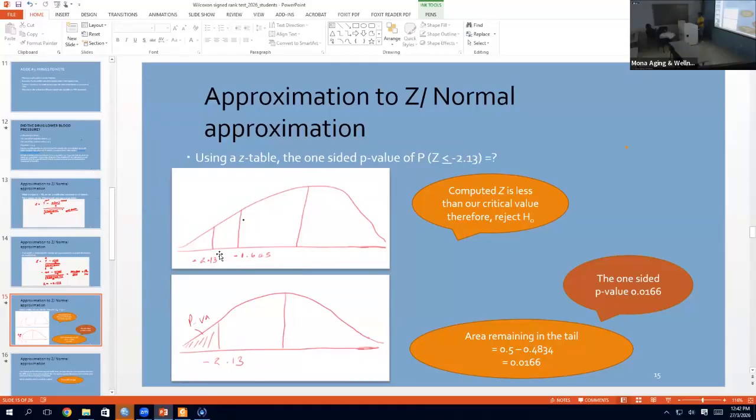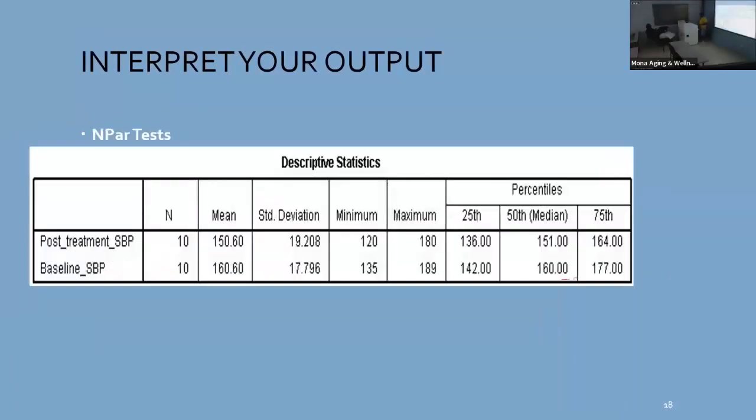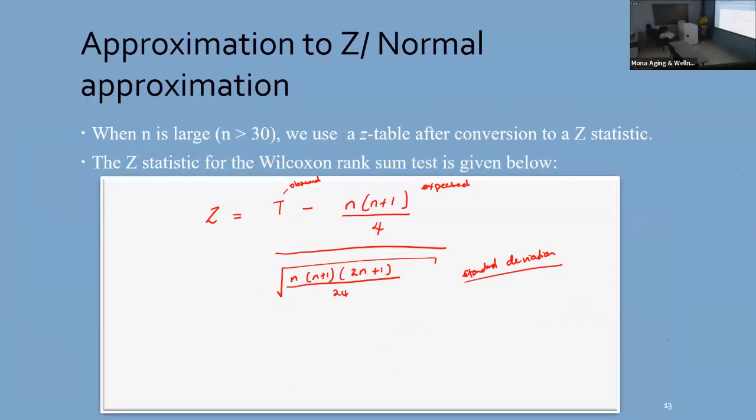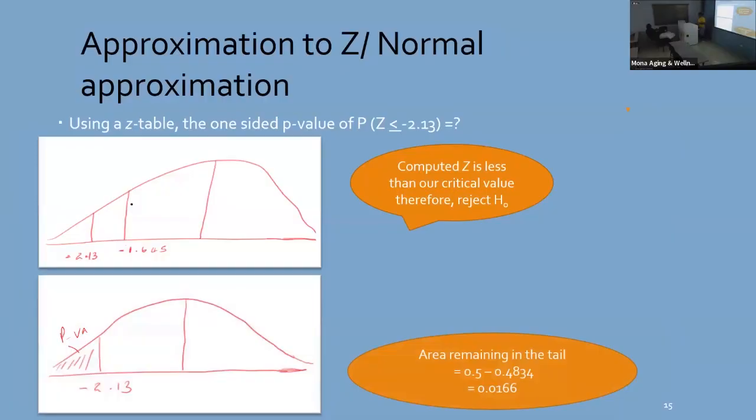So what would our decision rule be? Let's set up the decision rule. I'm not going to say that you already know all of this, but just to refresh your memory.